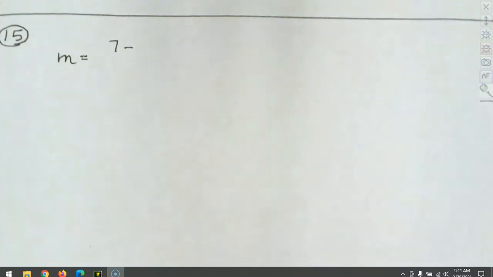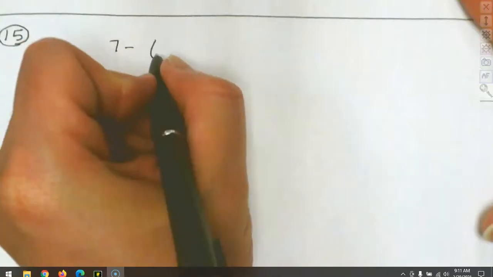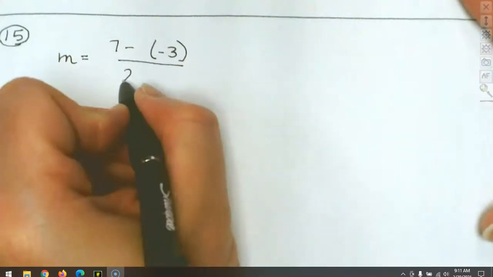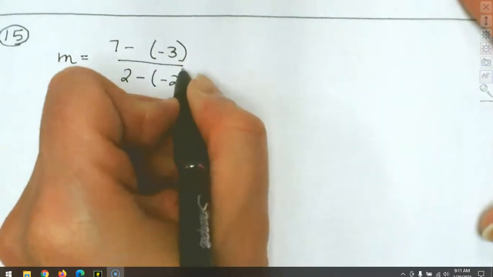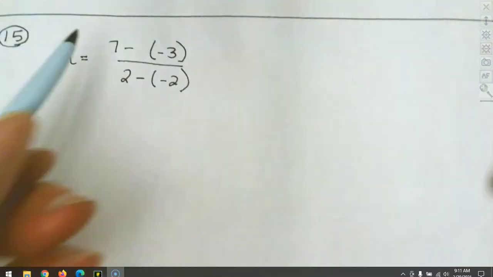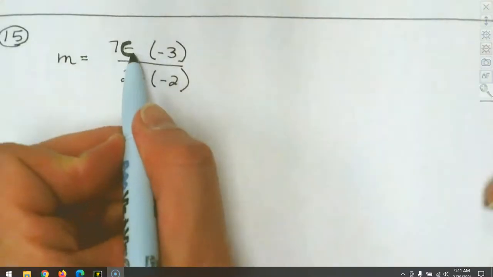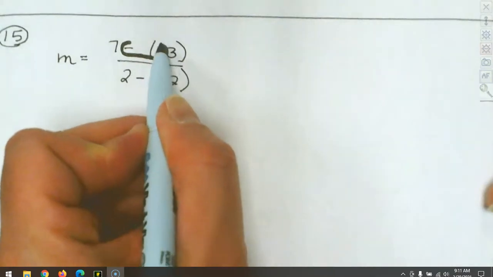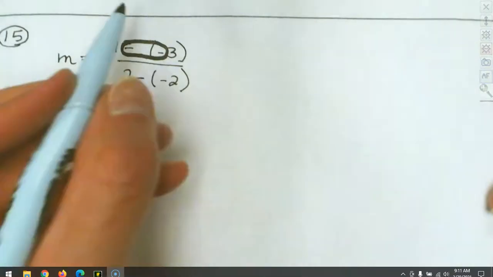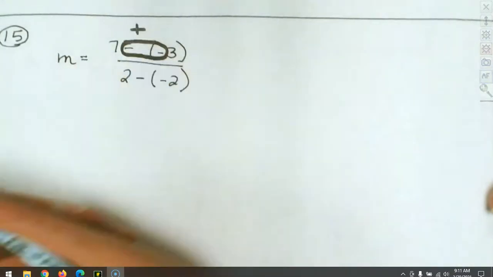For 15, we've got 7 minus a minus 3 over 2 minus a minus 0. Now, when we work out these slopes, a lot of times you're going to end up with a double negative. And whenever you have a double negative back to back like that, what does that then become? Positive.